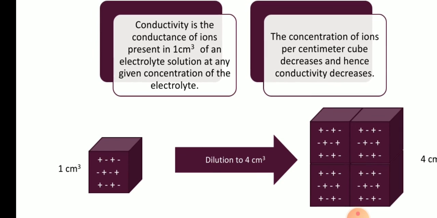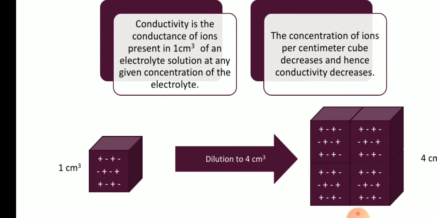When you dilute the solution, the concentration of ions per centimeter cube decreases and hence conductivity decreases. Naturally, because when you dilute the solution, the ions go far apart from each other, and the number of ions in 1 centimeter cube volume decreases, so conductivity decreases.